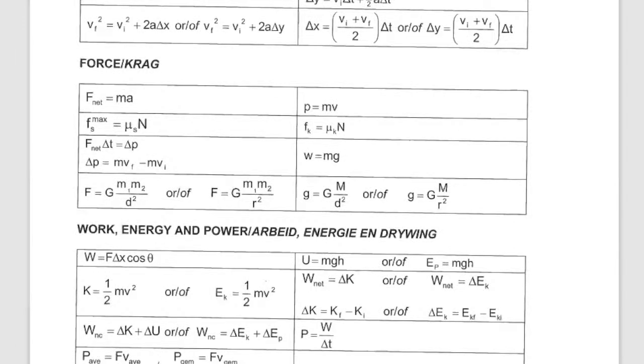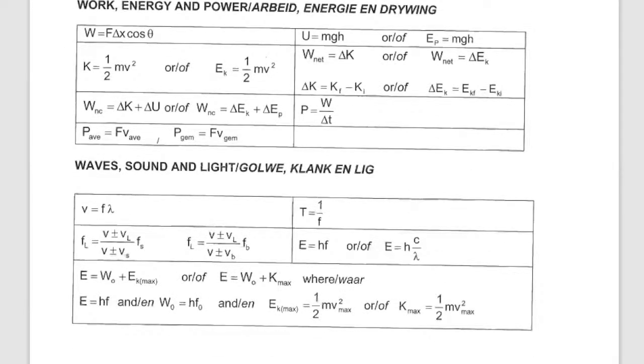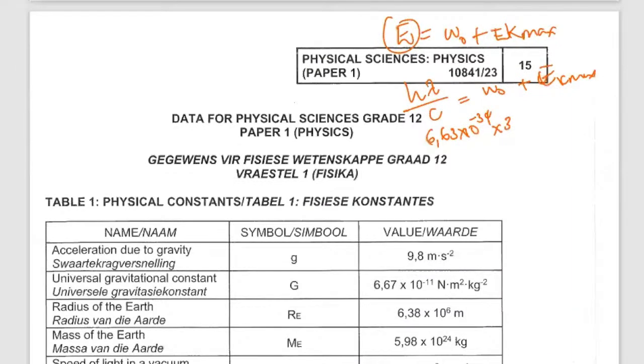It's hc over lambda. Sorry, guys, I apologize. It's hc over lambda. So 3 times 10 to the positive 8 over 390 times 10 to the negative 9, with h.